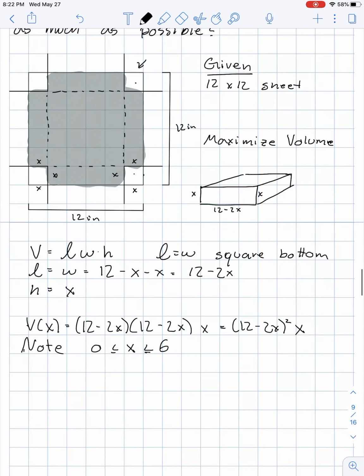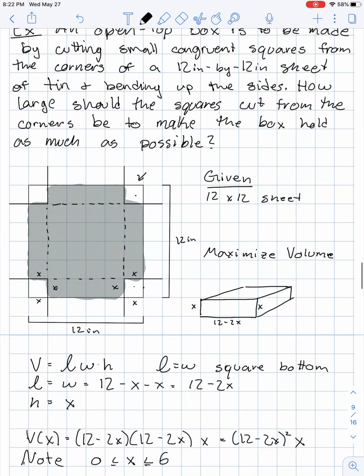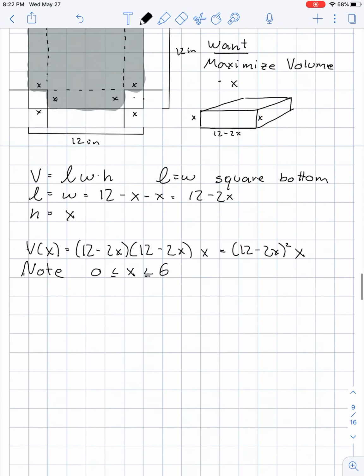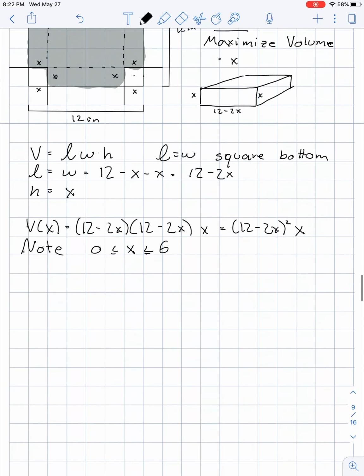So we want to maximize volume, and we specifically want what X is. All right, so now we're going to find our critical points. So we're going to take the derivative of our volume.